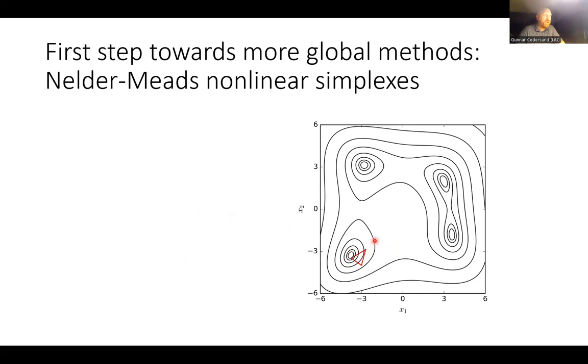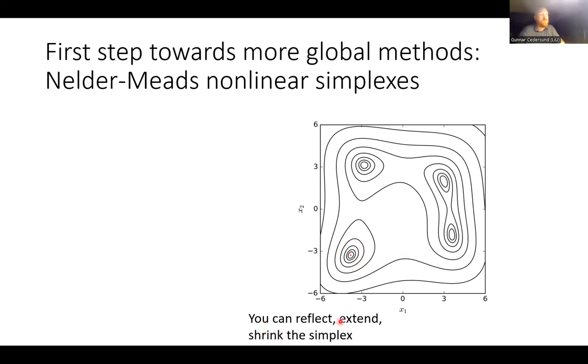So here we have another situation where we have this triangle that first is big, and it's being transformed in different ways. So you see here the corner went from being here to here. So that's called the reflection. And here you see shrinking, that it's getting smaller and smaller. So you can reflect it. You can also extend it. If you have a good direction, you can make the triangle even more elongated in this direction.